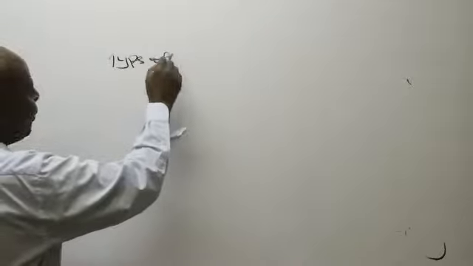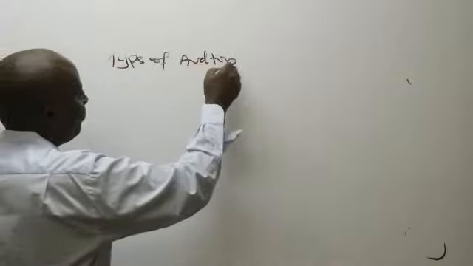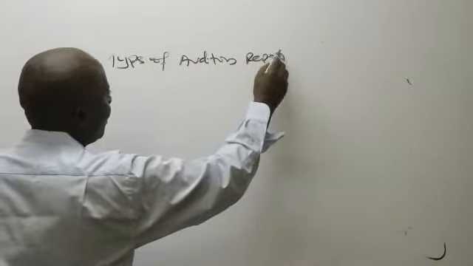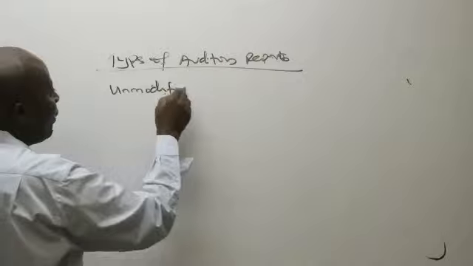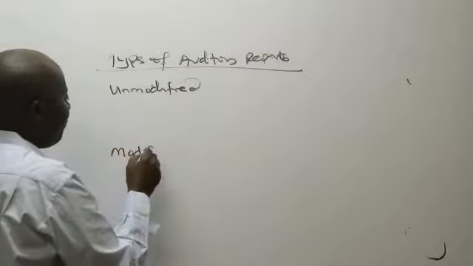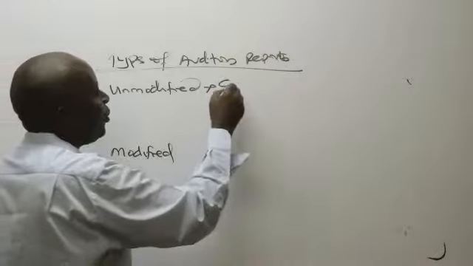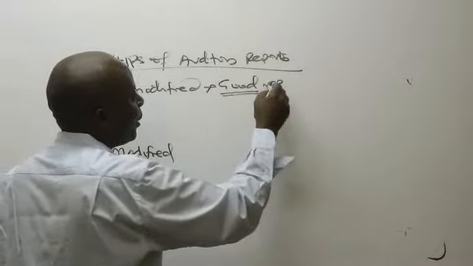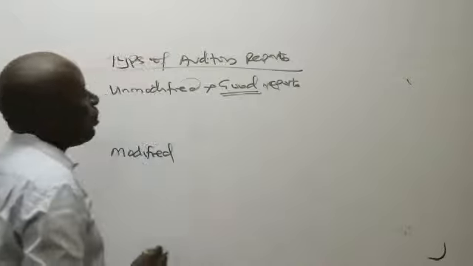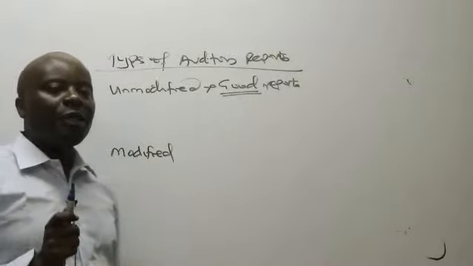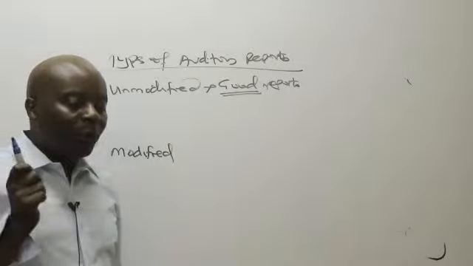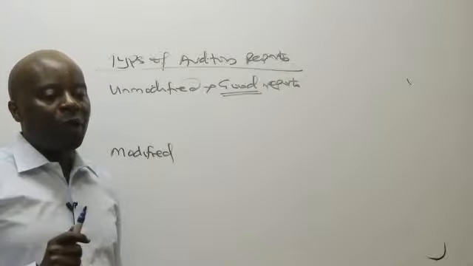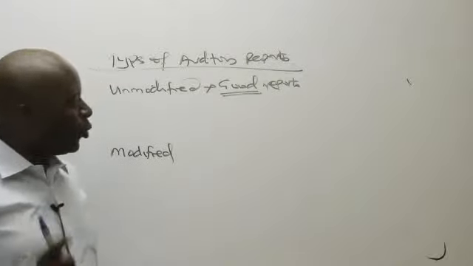About types of auditors' reports. Of course, you guys know that we have what we call unmodified, and then we have what we call modified. So unmodified are the good reports, where, ladies and gentlemen, we are giving a report telling the public that the financial statements of RCM Online College portray a true and fair view. Good reports.